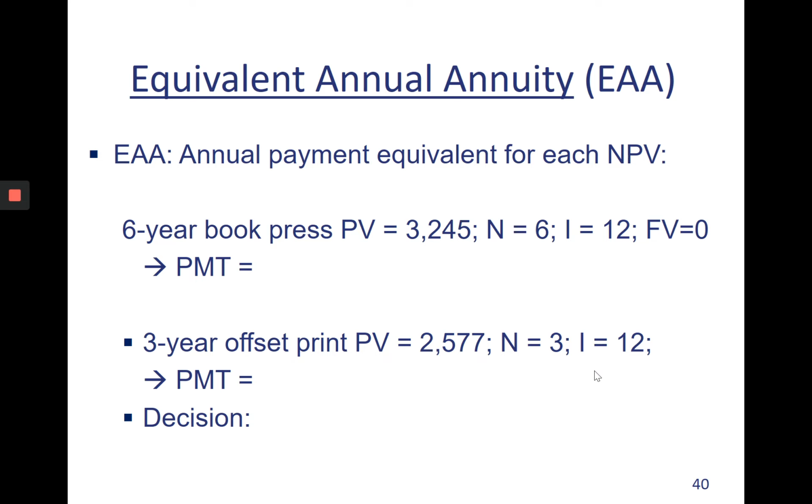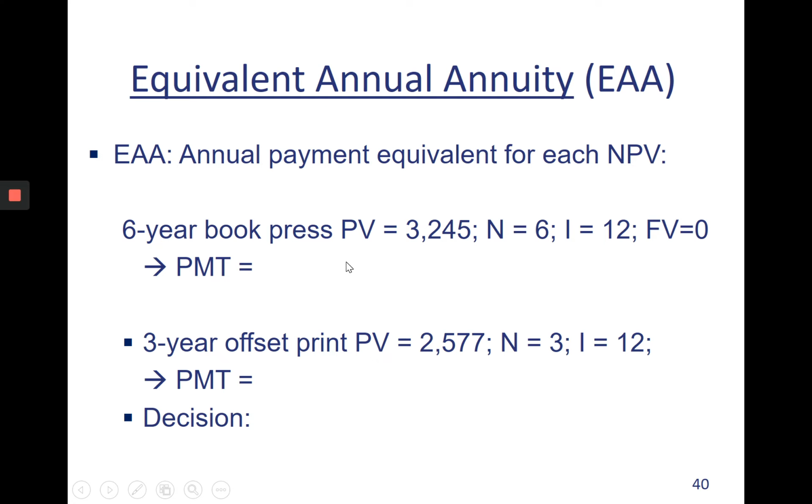Next, we use the annuity formula in a methodology that is called equivalent annual annuity, EAA. We are calculating an annual payment that is equivalent for each net present value project. For the 6-year project, we are calculating the payment.